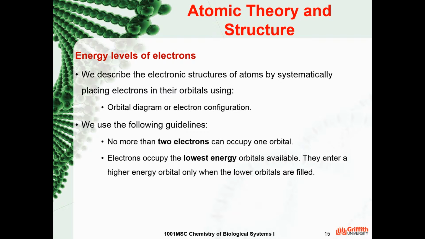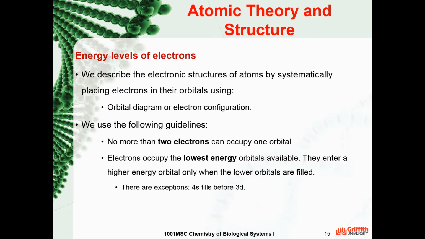So we start with 1s, 2s, 2p, 3s, 3p, 3d, 4s, and so on. Because things become more complicated in the higher energy levels, we have exceptions. The first exception is that 4s actually has a lower energy level than 3d, and they are overlapping.